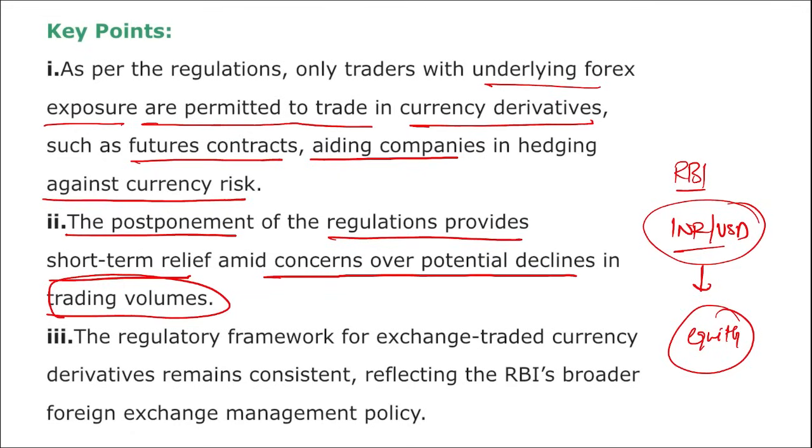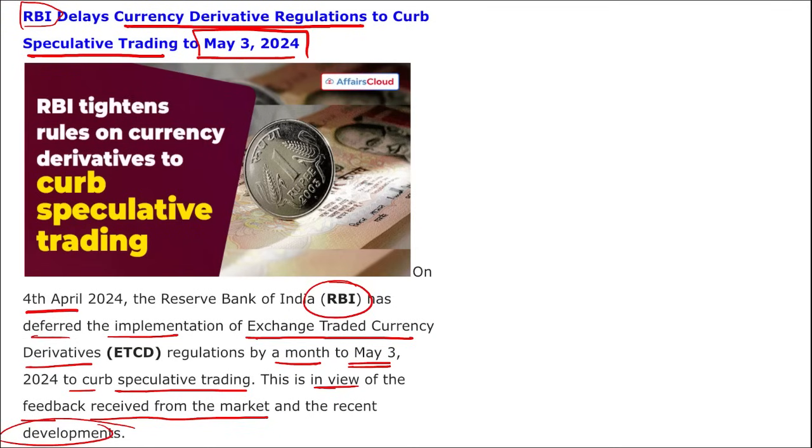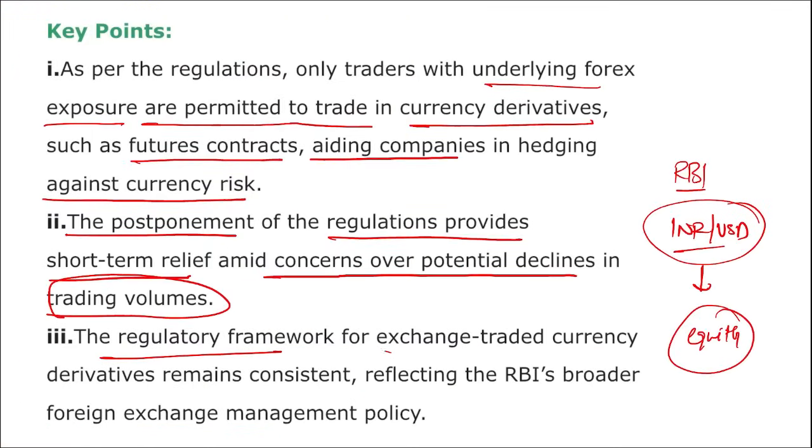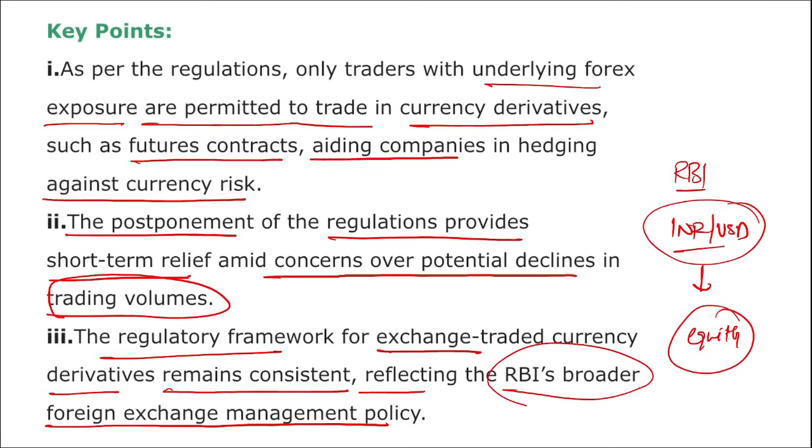Why don't we trade on this? Because this will help us to boost our markets. So for that reason this step was taken, but now it has been extended by 1 month till 3rd of May 2024. The regulatory framework for exchange traded currency derivatives remains consistent, reflecting the RBI's broader foreign exchange management policy.